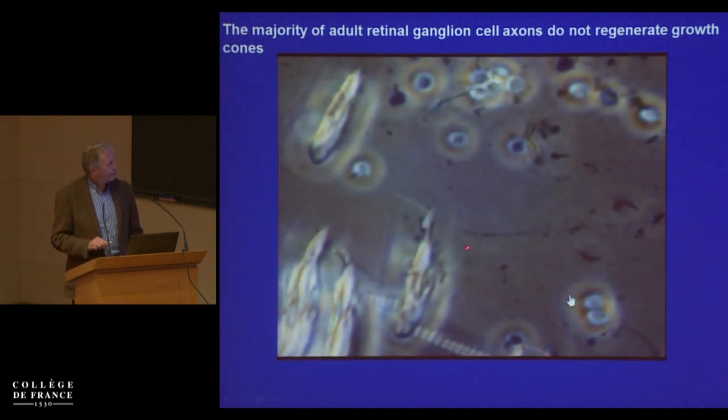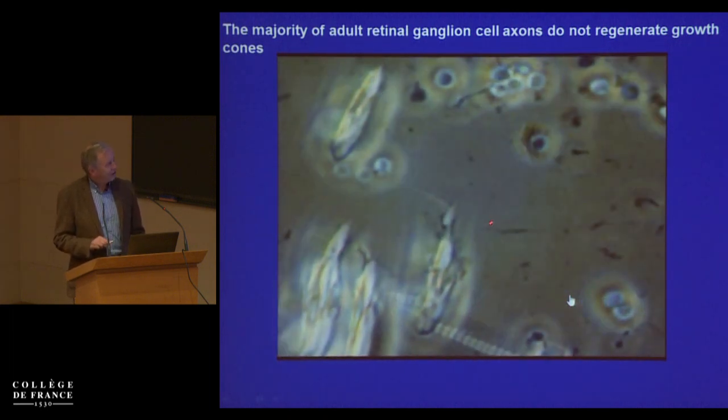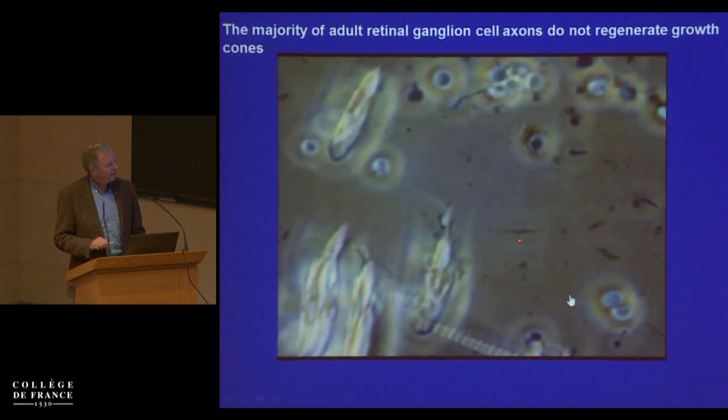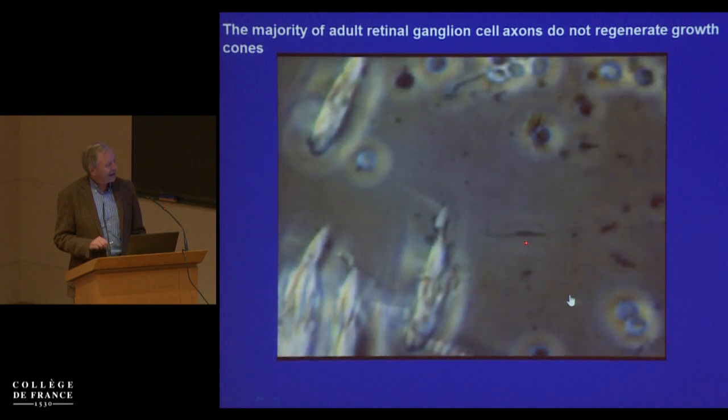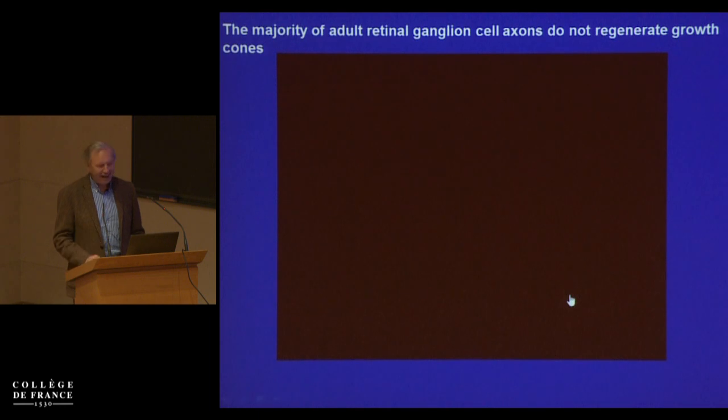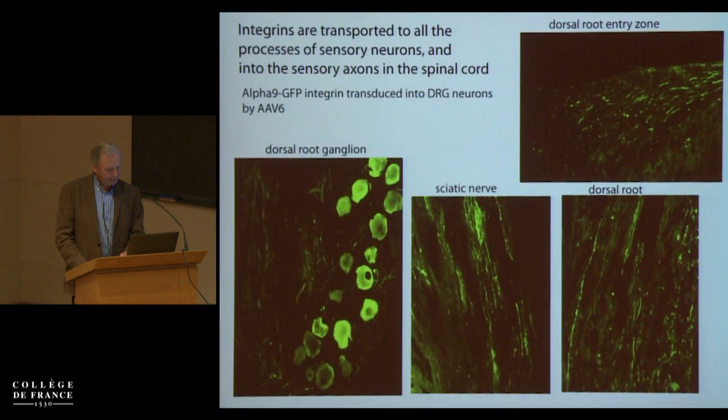It's been cut here. Here is this retraction bulb, this active swelling at the tip of the axon. You can see there's lots of action, but no regeneration. Eventually that axon will just degenerate. So in a very simple tissue culture assay, you can see these differences in the intrinsic regenerative ability of old and young, of central and peripheral nervous system.